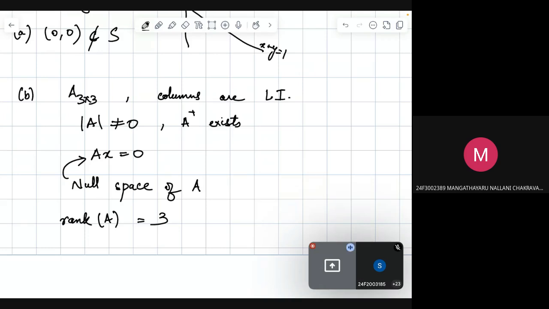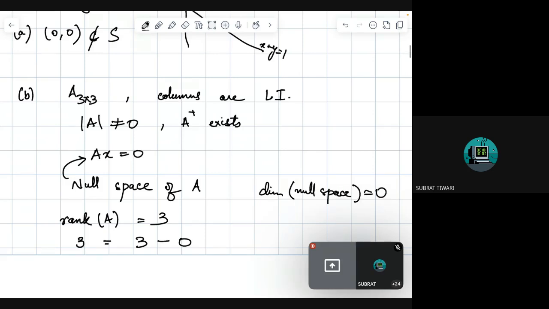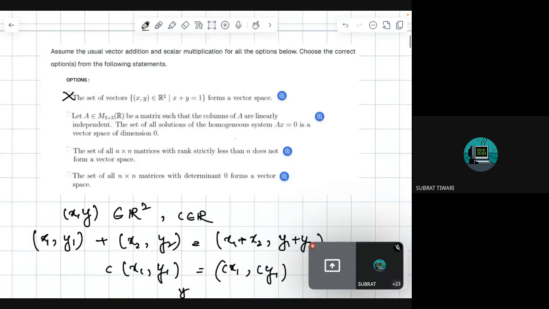We know from rank nullity theorem that 3 equals 3 minus 0. So the dimension of the null space is 0. So the second option is correct. The set of all solutions of Ax equal to 0 is a vector space of dimension 0.